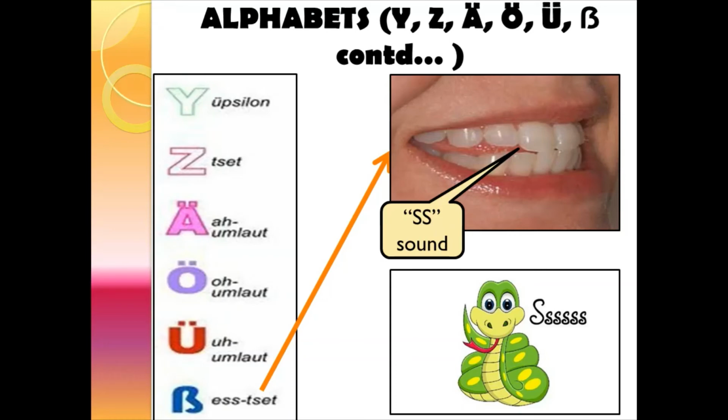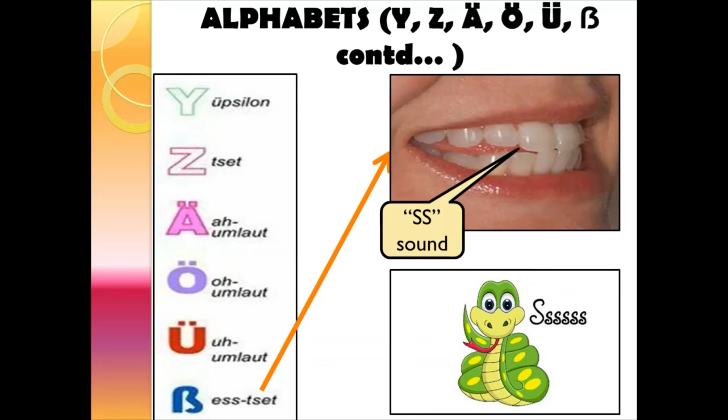The Eszett has a sound that is the combination of the simple German S alphabet sound and the German Z alphabet sound. So therefore it is called Eszett.